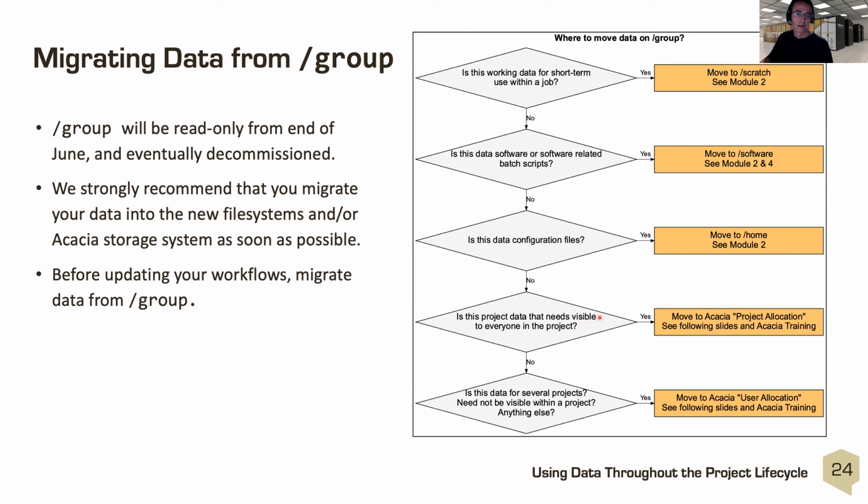So we are assuming that users will have the need to put more data into the project allocation, that shared allocation, than in the individual allocation. But if you need that data to be only accessible to you and no one else, you need to put it in the user allocation.